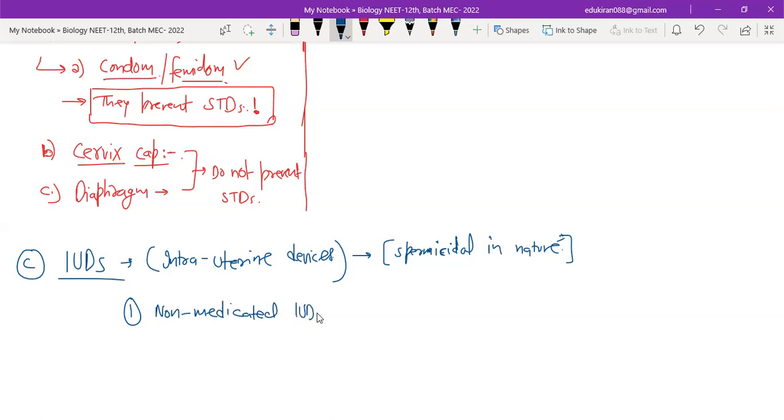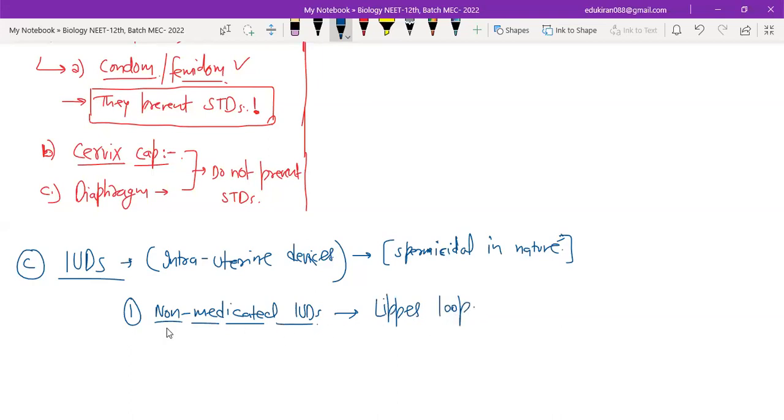As the term suggests, non-medicated means they do not have any medication in it, any chemical which can kill, but they are still effective. And one example of this is lippes loop.